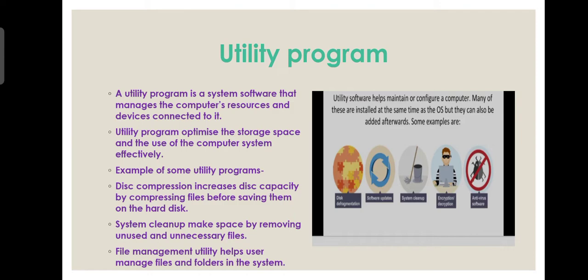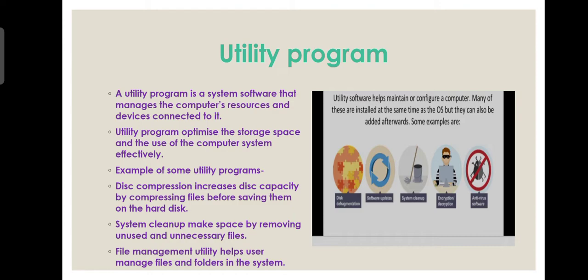So how does disk compression increase the disk capacity? Like I told you, if you made a PPT of 30 to 35 slides and you have to save it, it can't be saved because the space on the hard disk is full. So what does disk compression do?